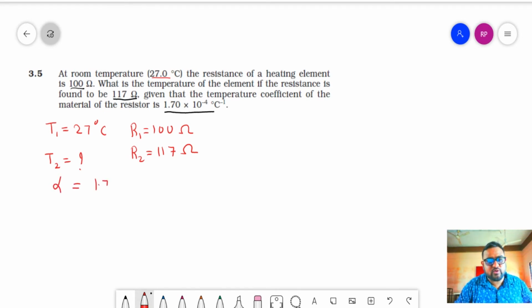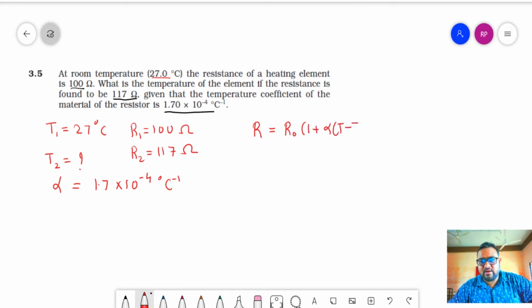That is 1.7 into 10 raised to minus 4 degrees Celsius inverse. Okay, so what was our formula? Our formula was R equal to R0 into 1 plus alpha into T minus T0.